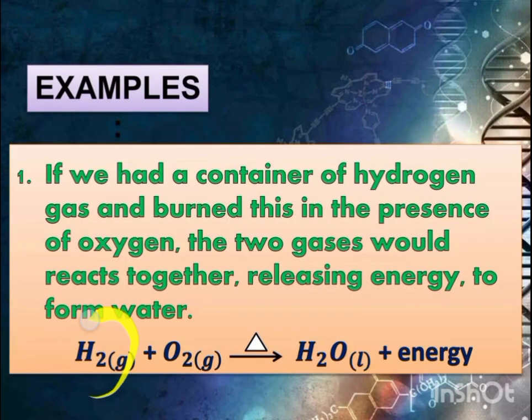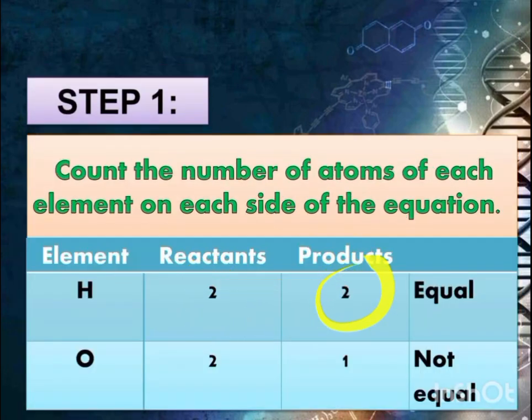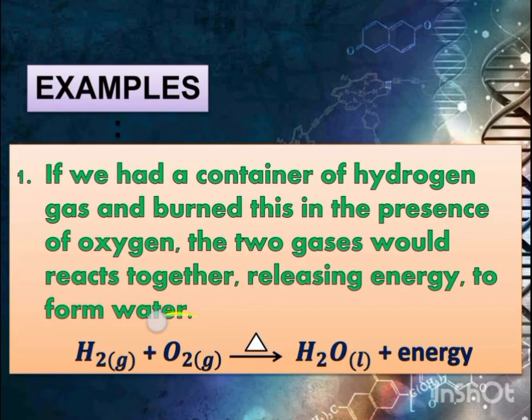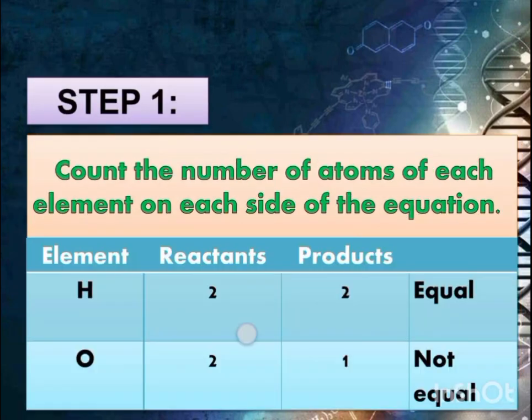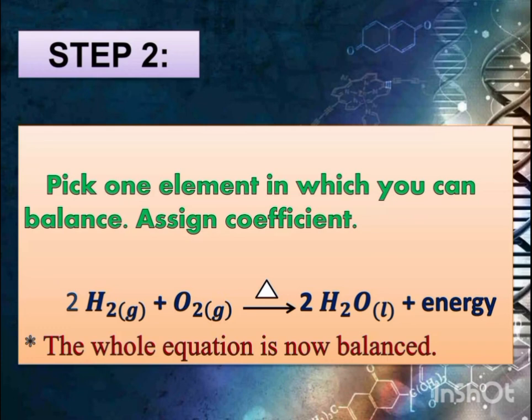See, there are two hydrogen atoms here and two here. So I write two on both sides. Oxygen: two atoms are written here and one atom is written here. So the reactant contains two and the product contains one. So the first one is equal, but the oxygen number is not equal.